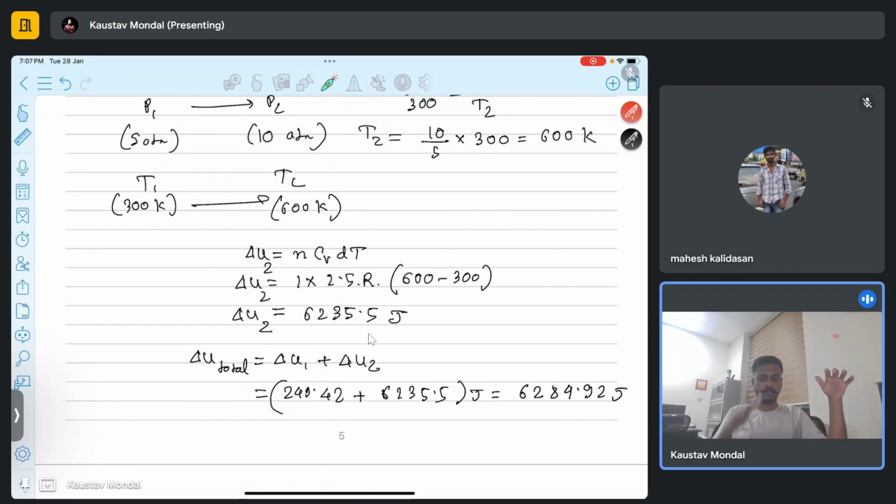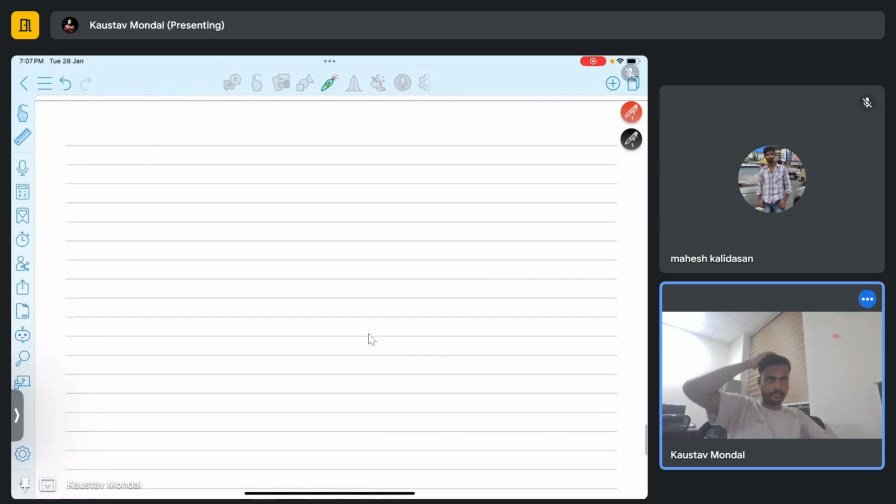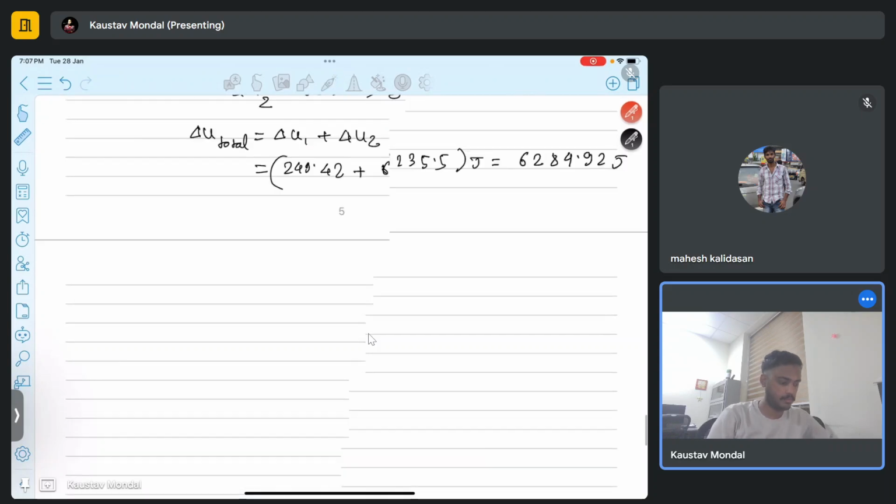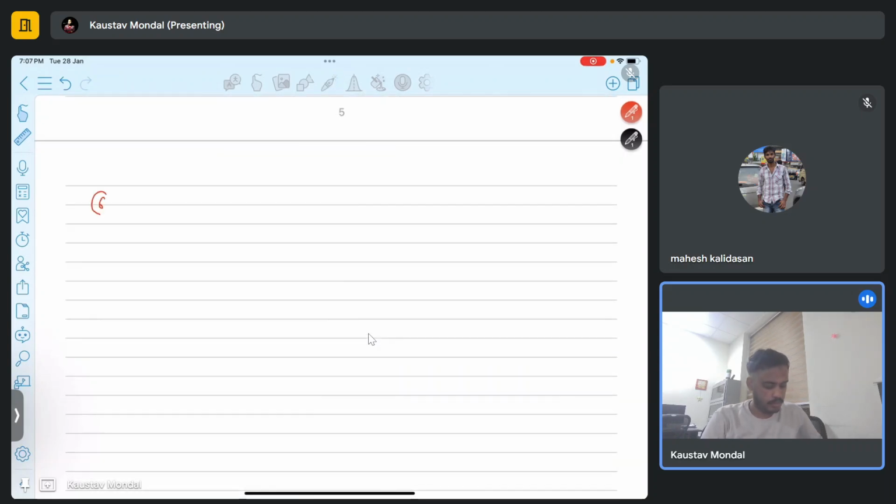I hope there is no problem, so in that case I'll move to the next problem. It is problem number 6. This is a very short problem. The question is: which is the exact differential?